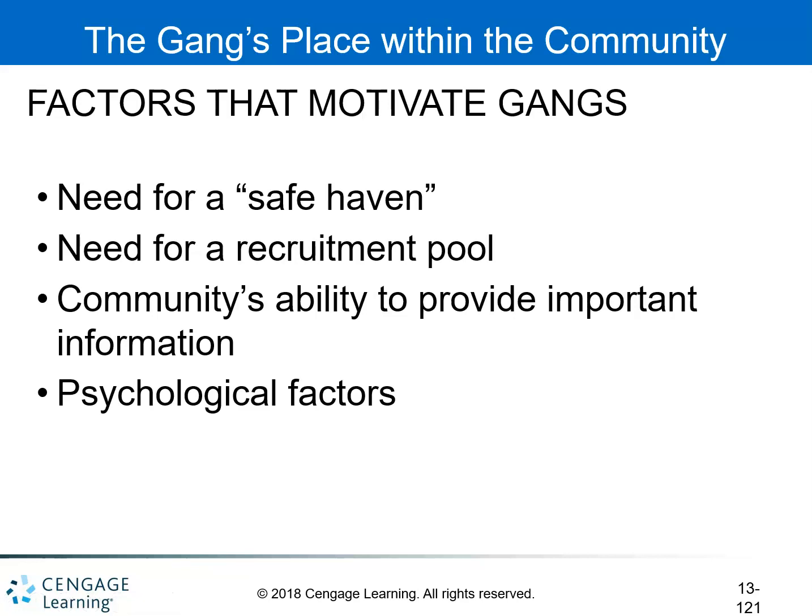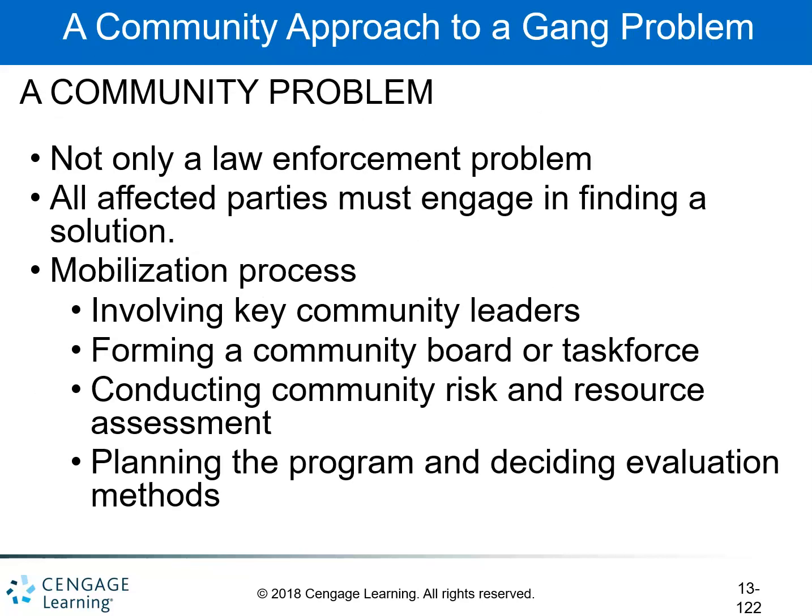Factors that motivate gangs. We talked about why people join gangs, but some factors that might motivate it could be the need for a safe haven, the need for recruitment, the community's ability to provide important information, and even some psychological factors. So these are all things that motivate a gang. And the approach to dealing with gangs is in fact a community problem.